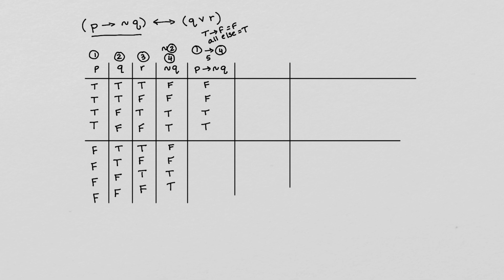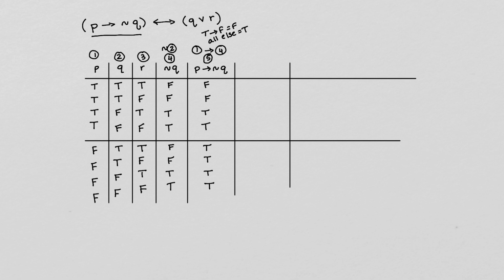Now the rest of them start with false. And so because this is conditional, I know that those are all going to turn out to be true because false can lead to anything. So that's all true there. So this was column 5.